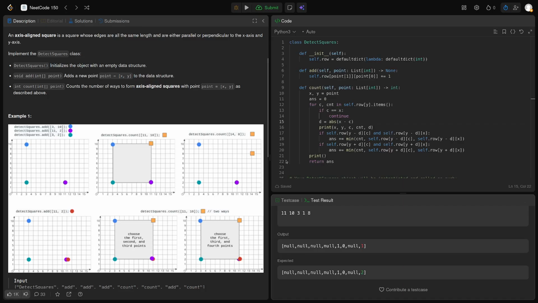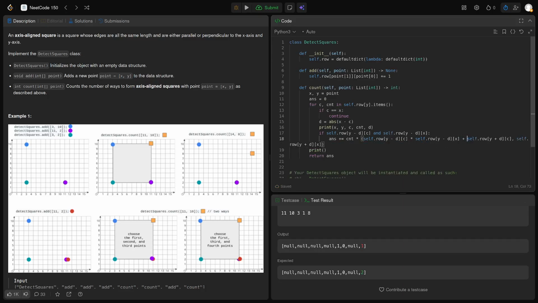Okay, so I think this is, and so what we need is actually multiply, because we fix these 2 points and then we compare with any of these two, so it's count of this times this times this, so it's actually just count of this plus count of this.